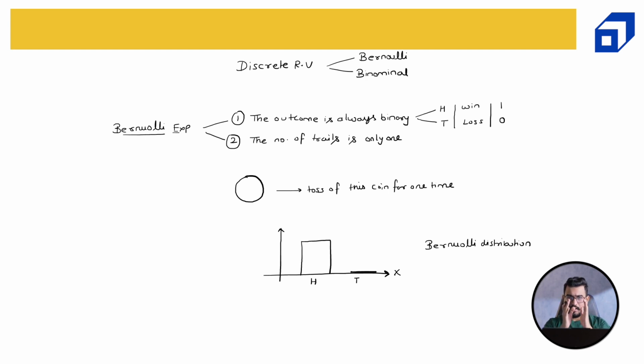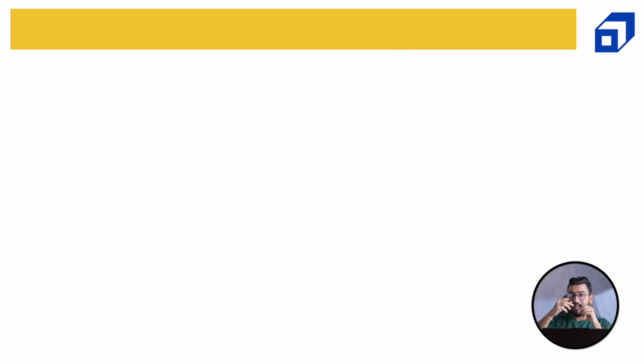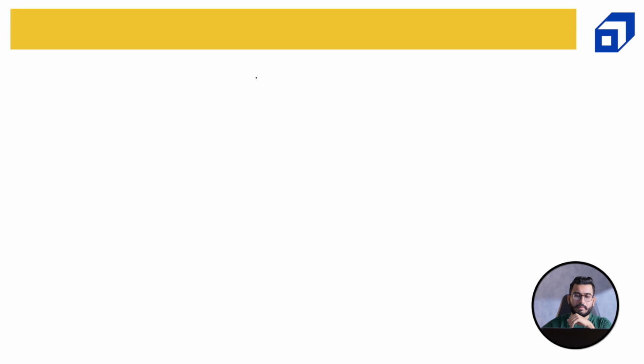It is just a particular experiment which has a binary outcome and one trial. Now binomial is something very much associated with Bernoulli. When I perform the Bernoulli experiment n number of times, then we get a binomial experiment. So what is binomial? Binomial experiment.